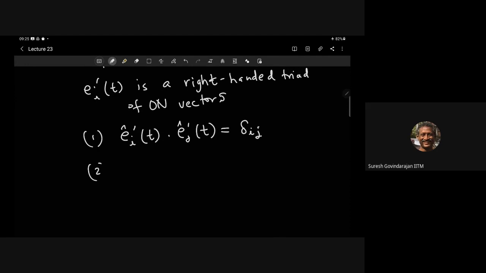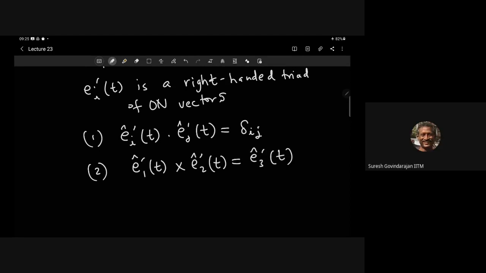The second one says that, I'll just write it for one of them, e_1 cross e_2, but I can write it in a more general form. What is this equal to? e_3 prime of t.